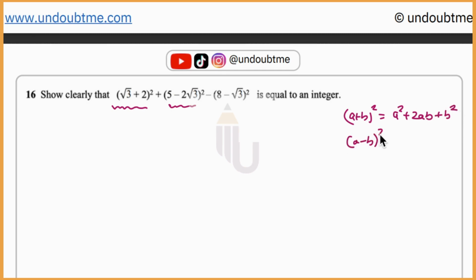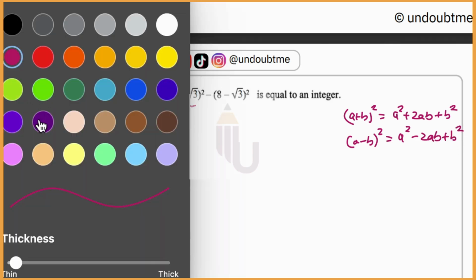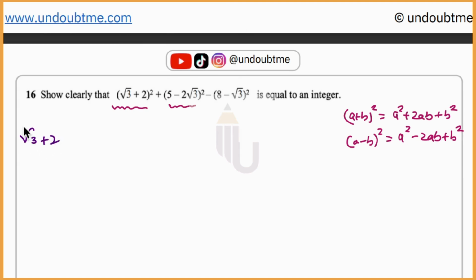A minus b whole square will be a square minus 2ab plus b square. So the first term is root 3 plus 2 whole square, that will be root 3 square is 3, then 2ab, so 2 root 3 times 2, so that will be 4 root 3, and then 2 square is 4, so that will be 7 plus 4 root 3.